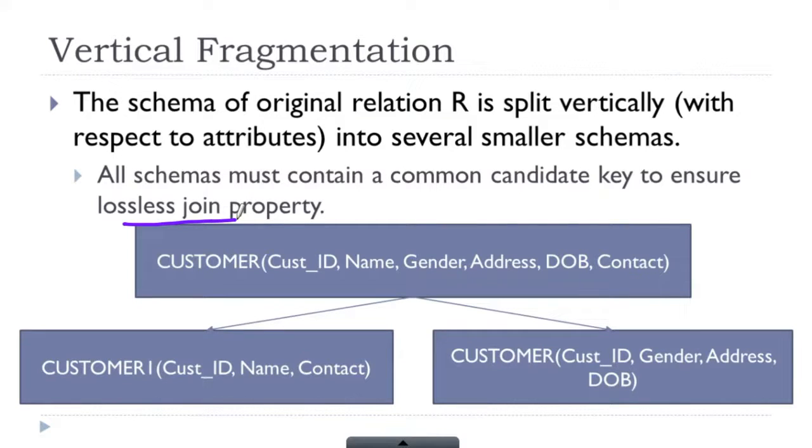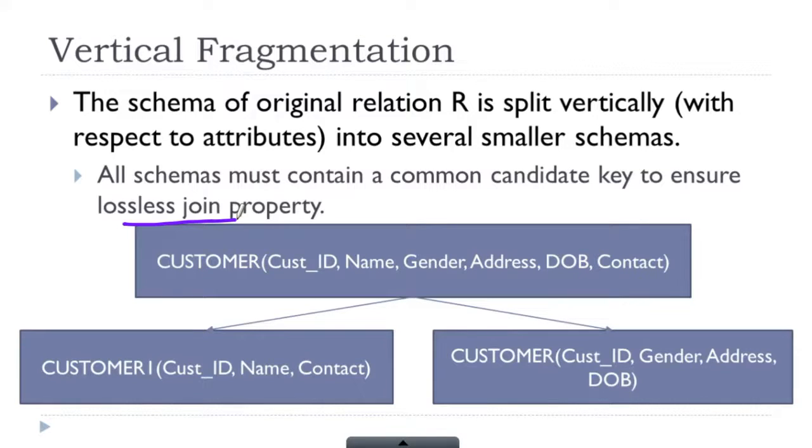The reason is that gender, address and DOB may not be frequently accessed by the applications. On the other hand, customer ID, name and contact may be accessed frequently, so we want to place them in different locations according to our application requirements.